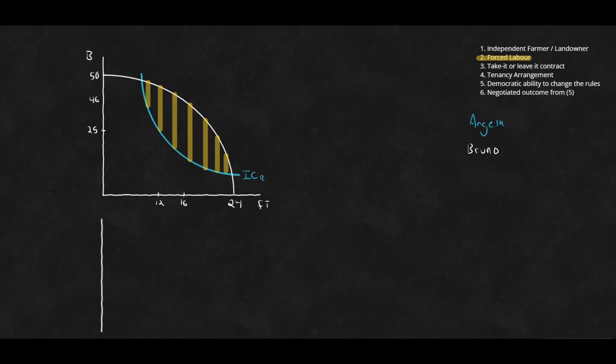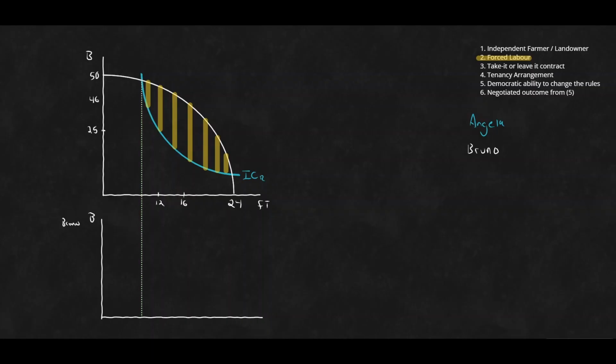So let's just drag that down, something like that. We have the number of bushels that Bruno gets. So these are just Bruno's bushels. They're not the bushels that Angela gets, just the ones that Bruno gets. And we see that at the two extremes, right here, Bruno gets no bushels.